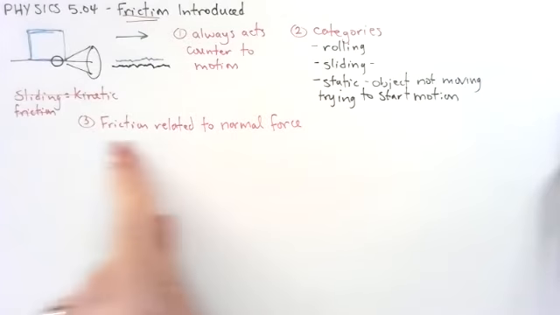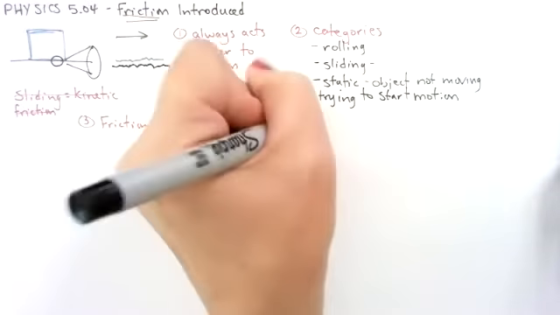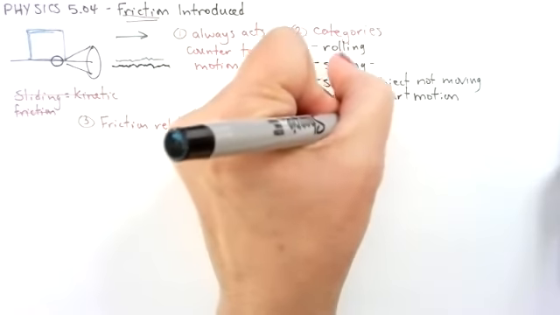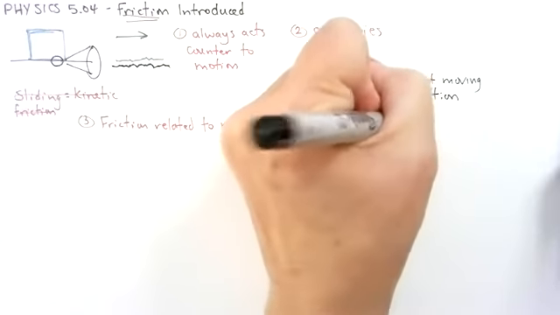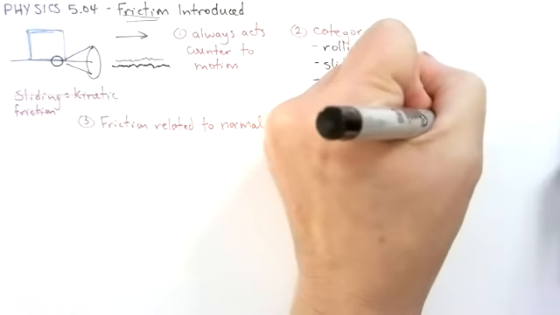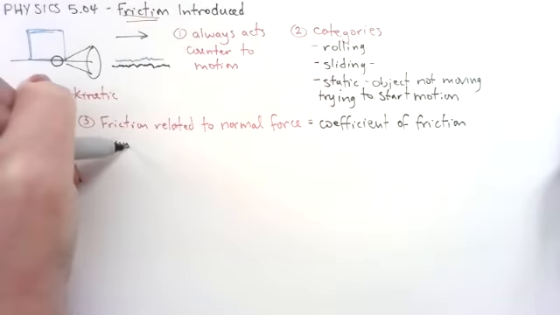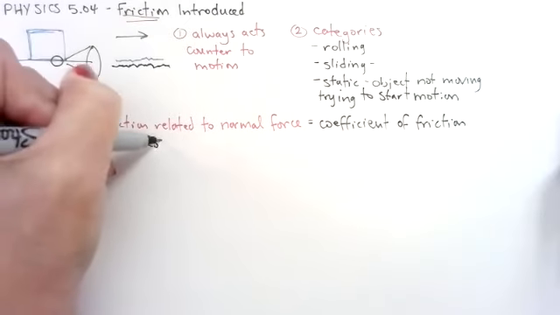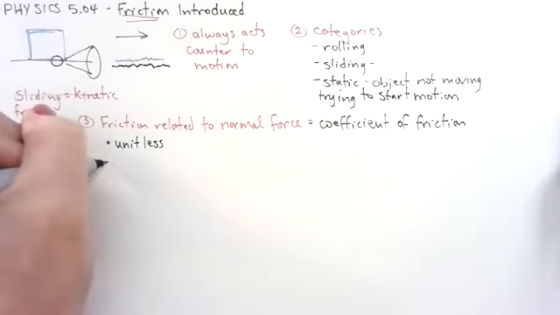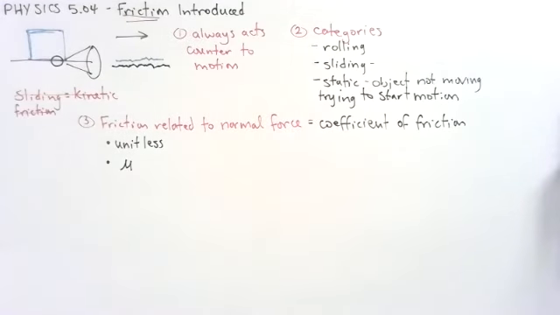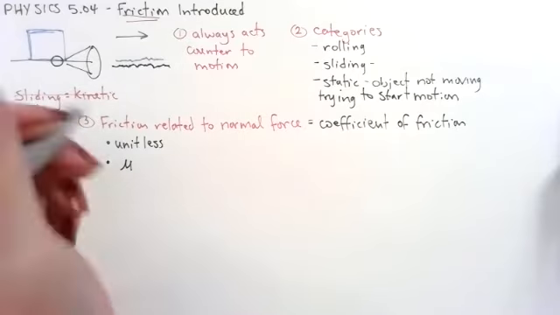That correlation, that relationship between the two, we call the coefficient of friction. I like to think of it as a percent because it's unitless. First of all, it's unitless. We use the Greek letter mu as the symbol.